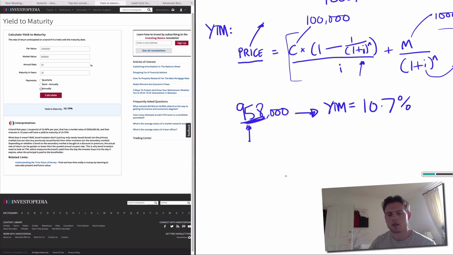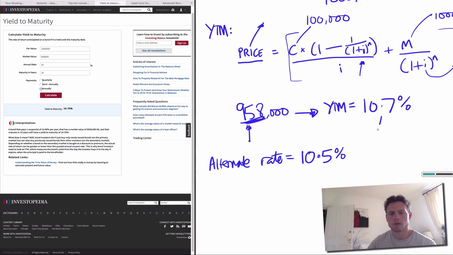If you thought that your best alternative investment right now, the alternate rate for comparable risk, so the other investments that you would consider instead of this one, was, say, 10.5%, then actually this price would be an attractive proposition for you.